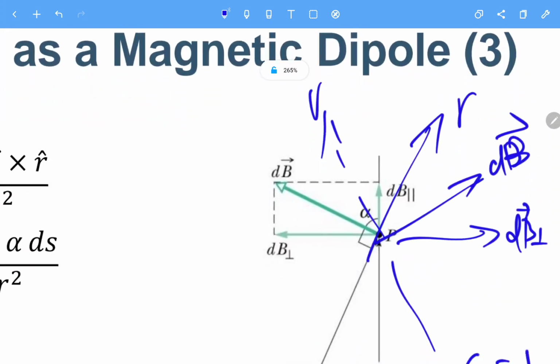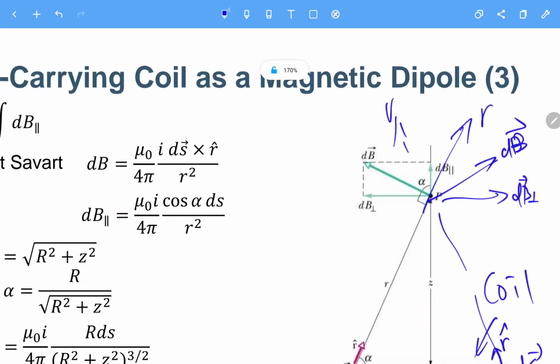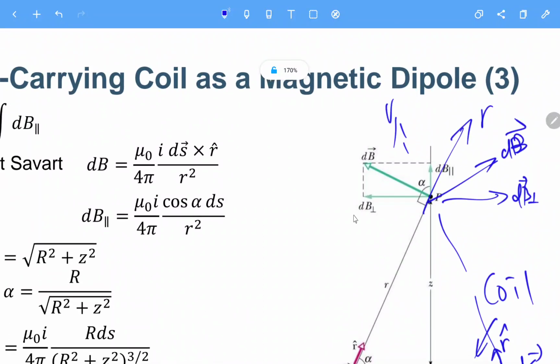The alpha is this angle of dB with the z-axis, because we project this dB onto the z-axis. So dB parallel will be dB times cosine of alpha, because this is the adjacent side over the hypotenuse, which is cosine of alpha.